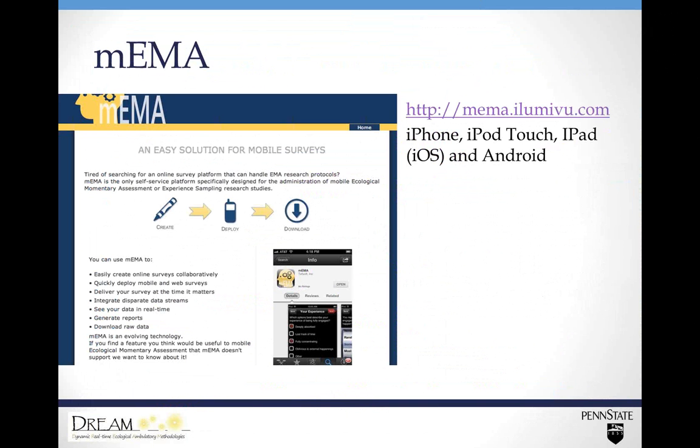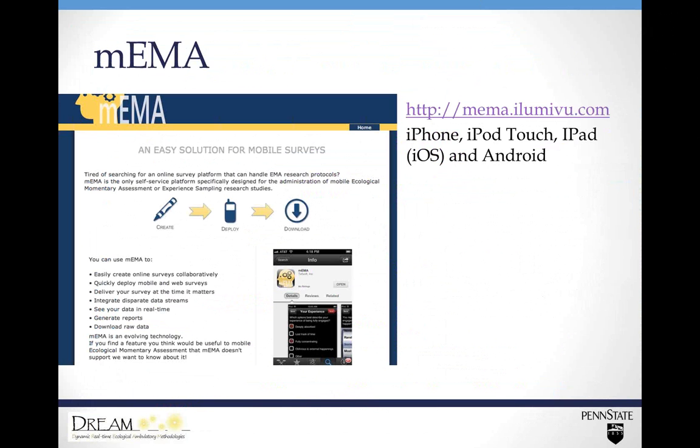So I'll talk about this. Just as an example, MEMA is a commercial company out of Massachusetts. The company name is IllumaView, and they have been developing pretty good iPhone, so iOS and Android applications that are pretty much ready for prime time.